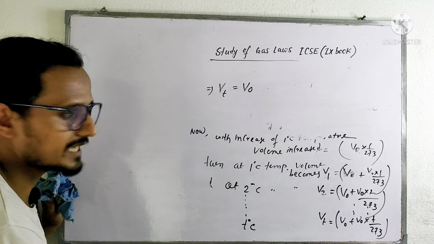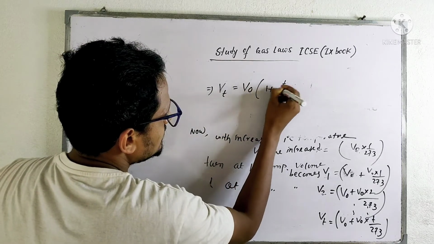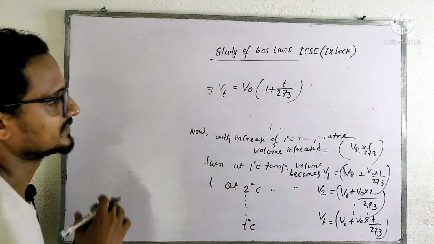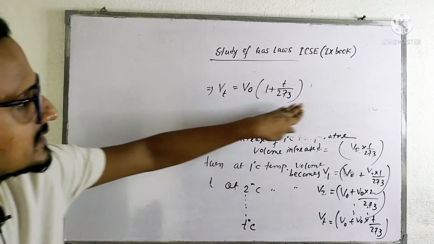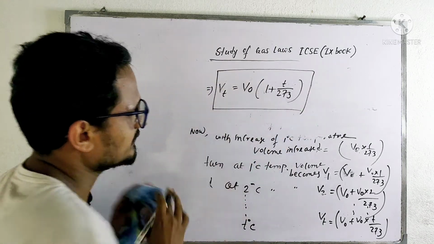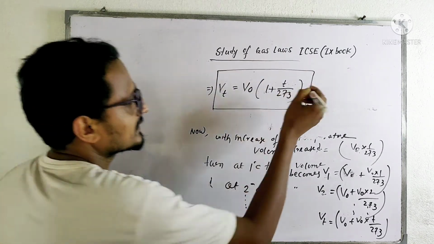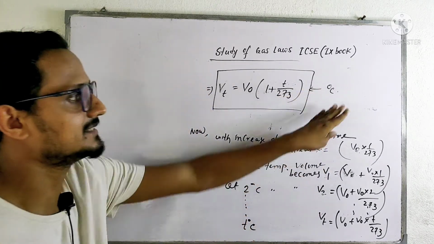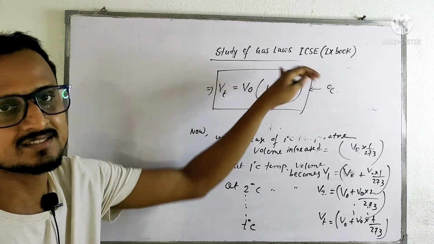So here, 1 plus T by 273. This is the mathematical relation of Charles' law in degree C, that means in Celsius, where T is the temperature in Celsius.